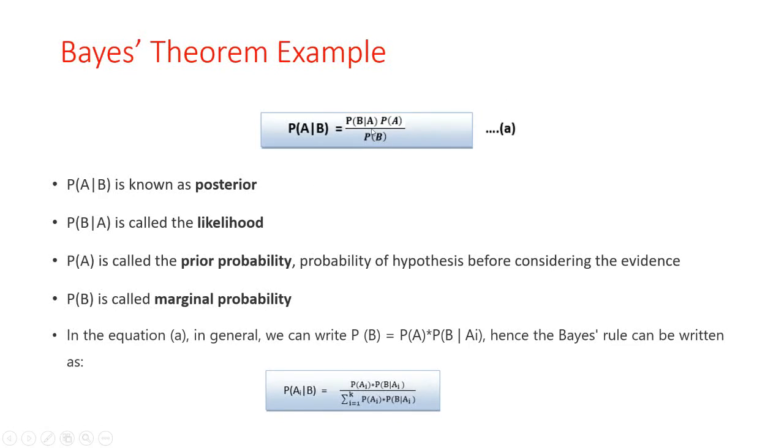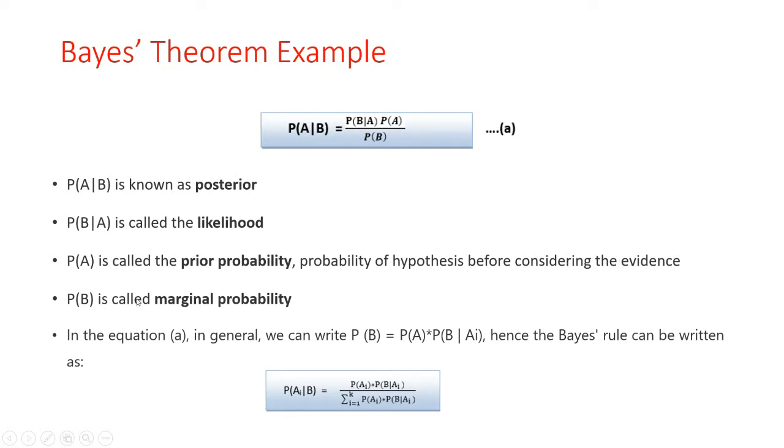Then the second thing is the probability of B given A, which is called the likelihood. In it we consider the hypothesis to be true, then we calculate the probability of the evidence. Then next is the probability of A. It is called the prior probability. This is the probability of the hypothesis before considering the evidence.